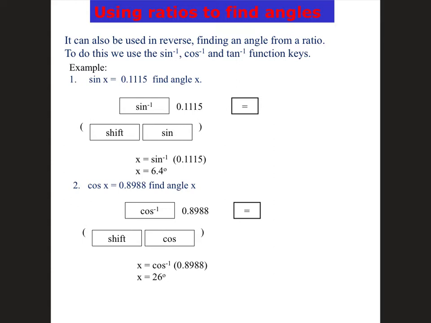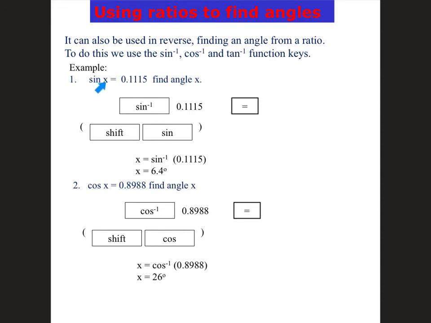Let's see how we can find an angle using the trig ratios. To find an angle from a ratio, we use the sine inverse. You can see on your calculator the sine inverse, cosine inverse, and tan inverse function keys.